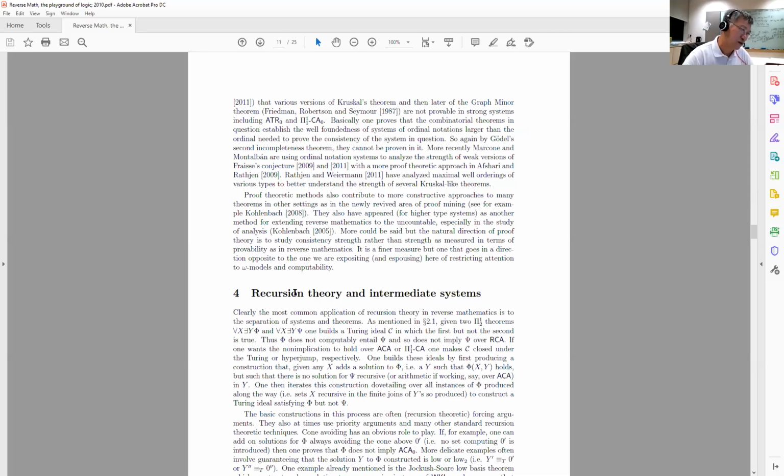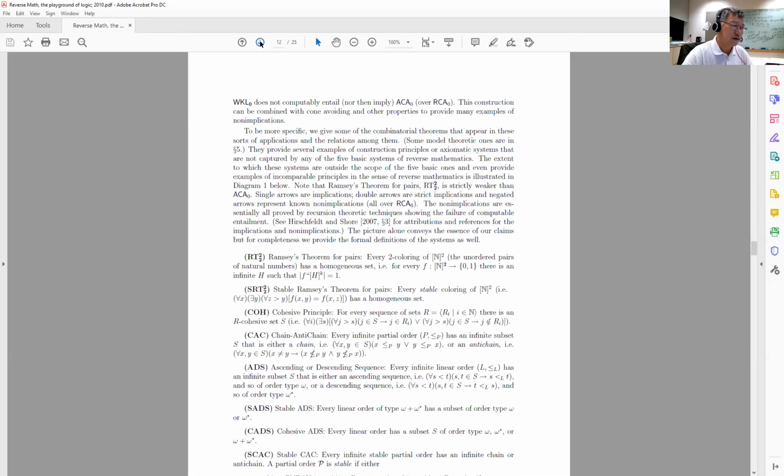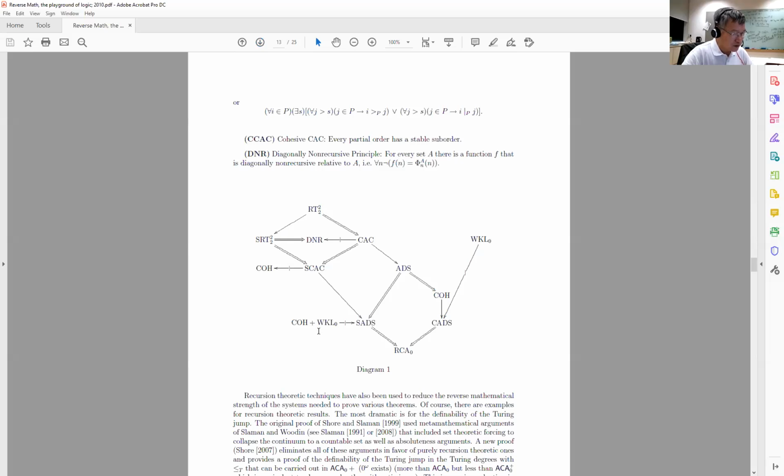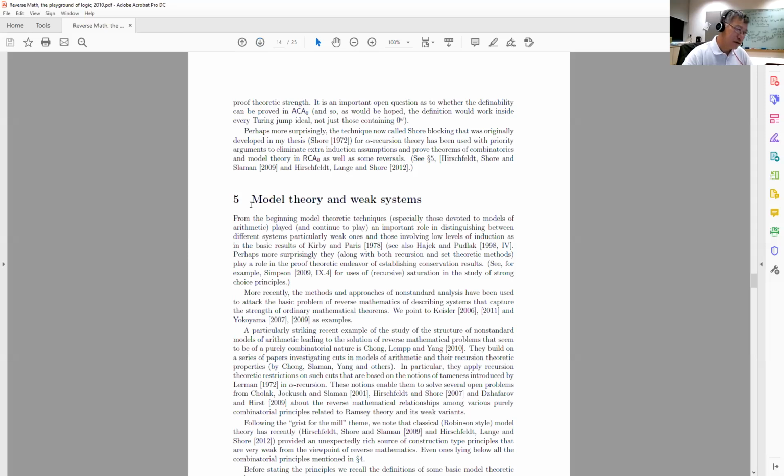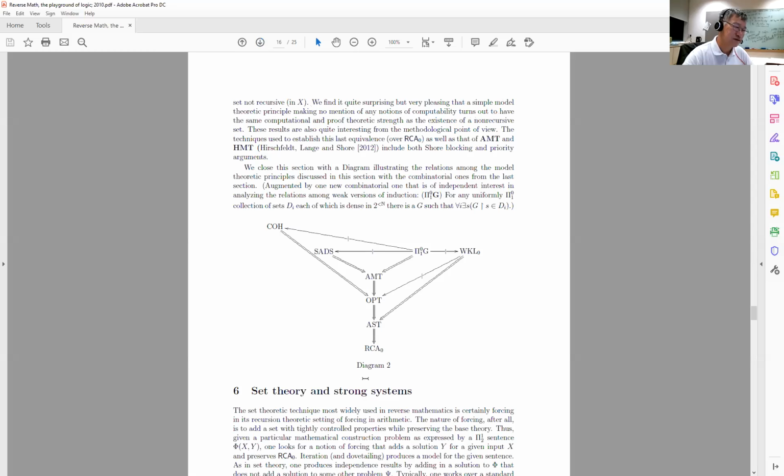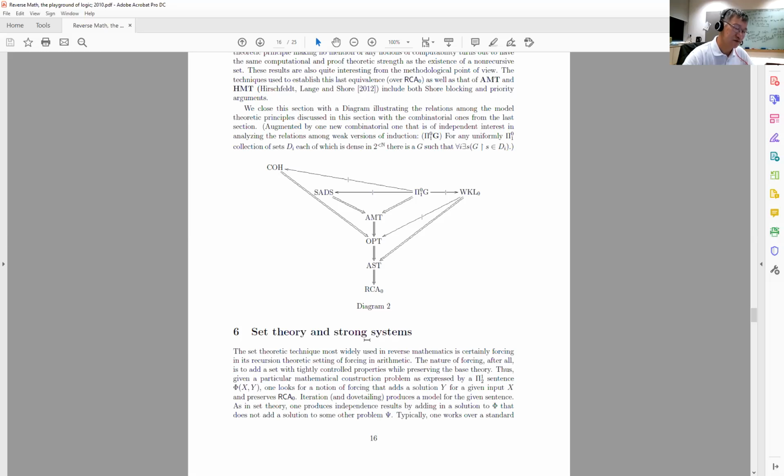After Sam makes comments, I will say a little bit more about the zoo if we have time. This is part of the zoo. Then you can see model theory showed up here, and then set theory and stronger systems. I don't know whether higher reverse math was popular at that time or not.